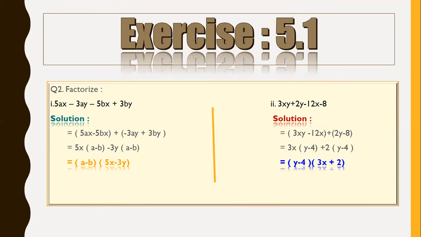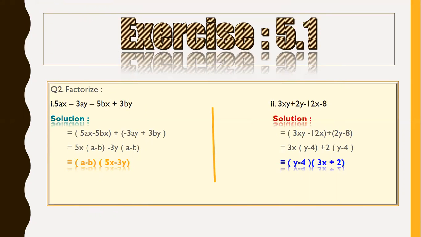Yes? Good. The second part is 3xy plus 2y minus 12x minus 8. In all these parts of question 2, four terms are given to us and we make partners: 3xy minus 12x, we combine these two, and 2y minus 8. Always remember which sign we put between two brackets? Positive sign. Good. From the first bracket 3x is common, leaving y minus 4, and in the other bracket 2 is common and y minus 4 is left.